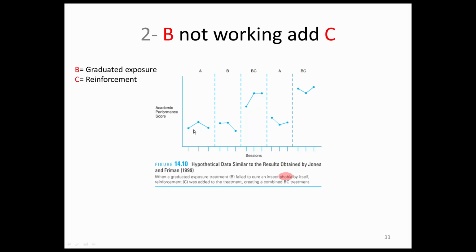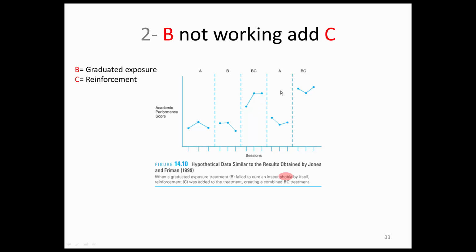So in this example, you see this is the baseline, no treatment. You start your B treatment, which is the graduated exposure, and you see it didn't change anything. So next time you use both the graduated exposure and reinforcement, and you see it's working.